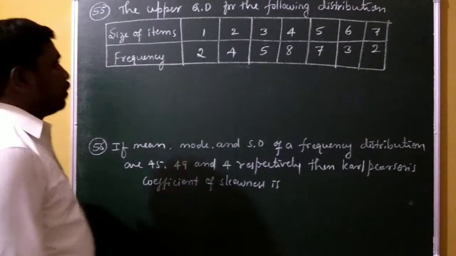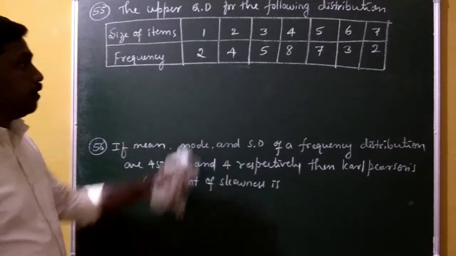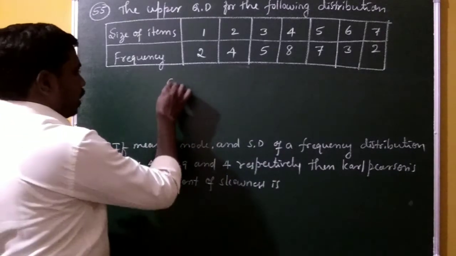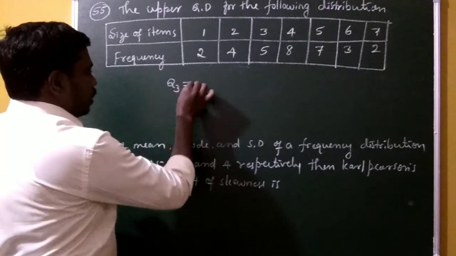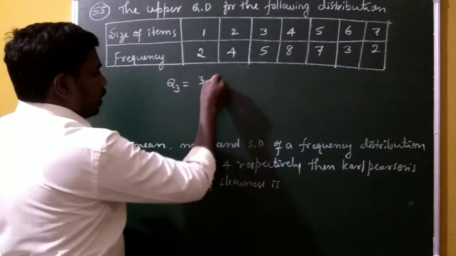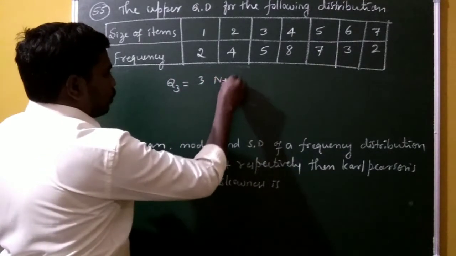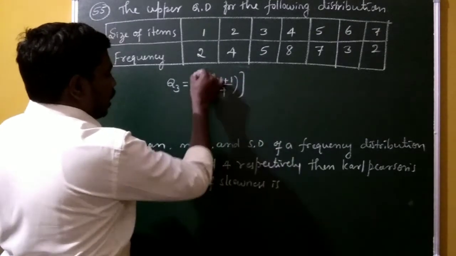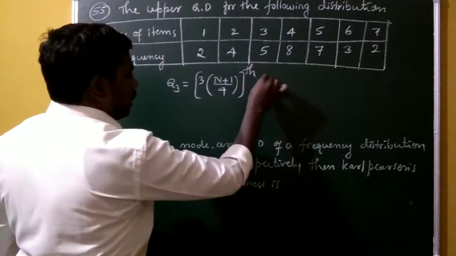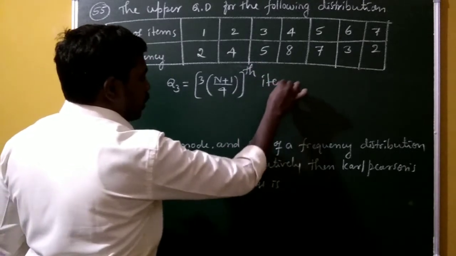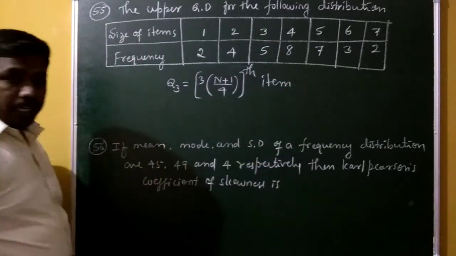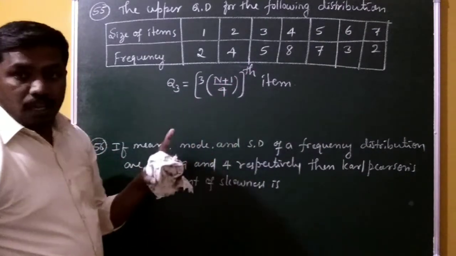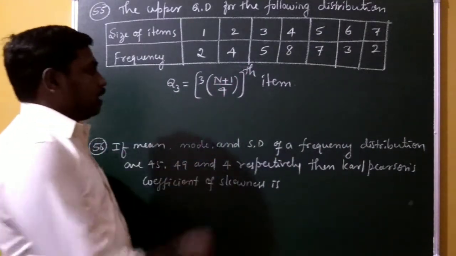Now see 55. Upper quartile deviation for the following distribution. For a discrete frequency distribution, the upper quartile deviation is defined as the 3 into n plus 1 by 4 item. Here, what is n?